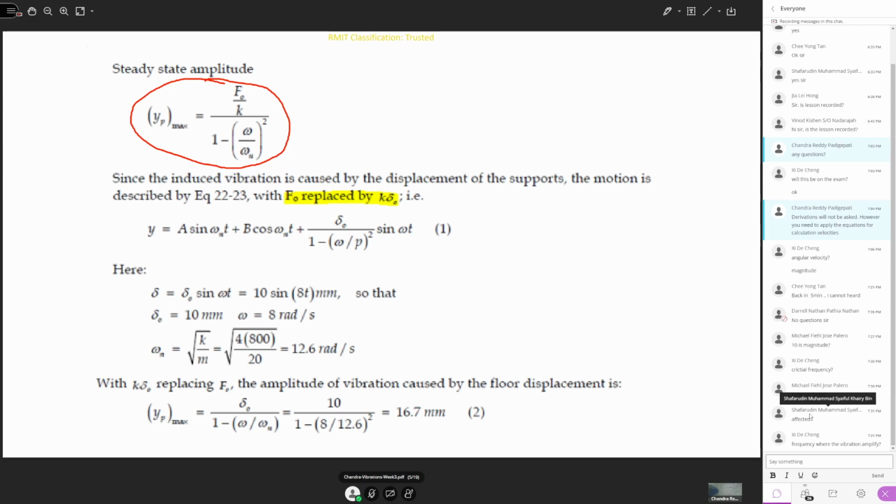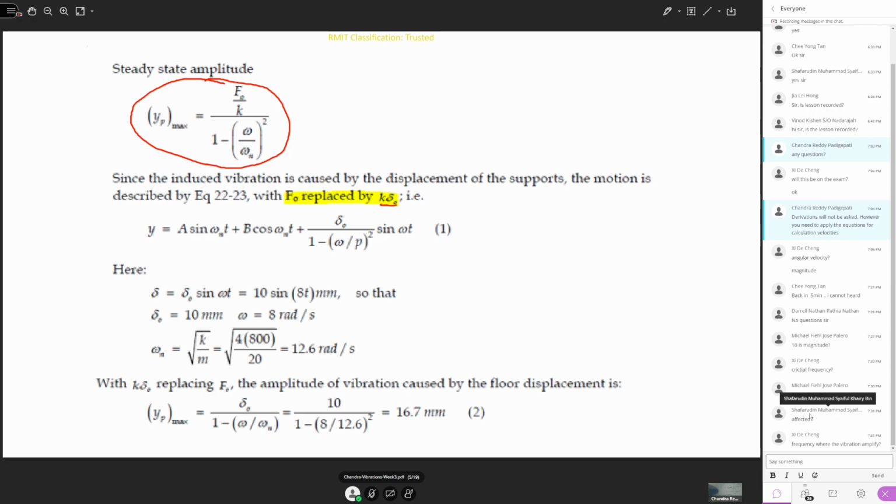The amplitude under steady state conditions, we can write as F naught over K into 1 minus omega over omega n whole square. You can replace the F naught with K into delta naught.